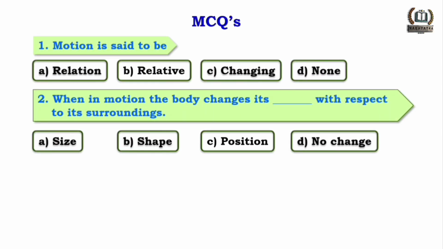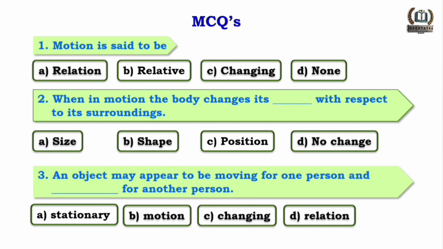Now let's solve some MCQs. Quickly, everyone solve this. First question: motion is said to be, can you guess the answer? Yes, the motion is said to be relative. Second question: when in motion the body changes its dash with respect to its surroundings. I already told the answer before. The answer is position.